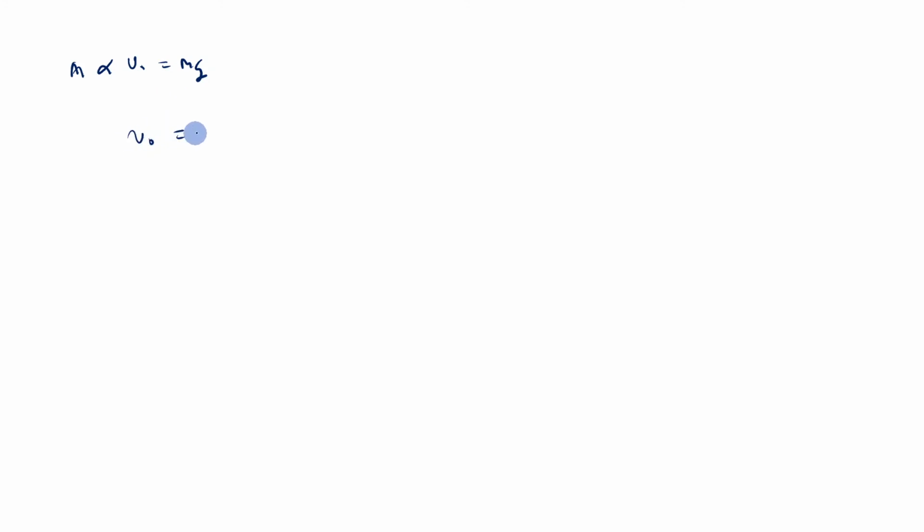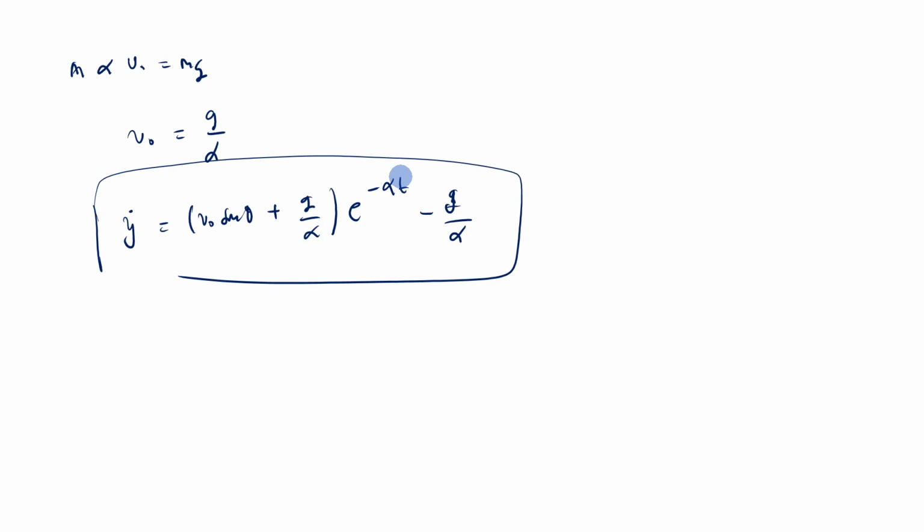So V0 equals g divided by alpha. Therefore, the equation gives y dot equals V0 sin theta plus g divided by alpha, e to the minus alpha t, minus g divided by alpha. This comes from the term before.